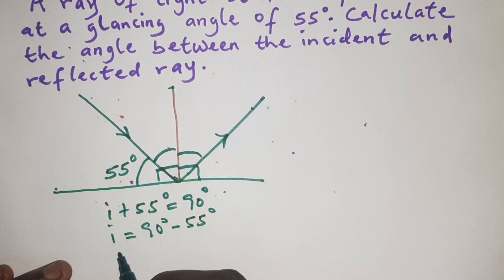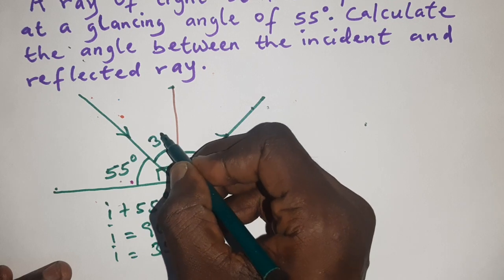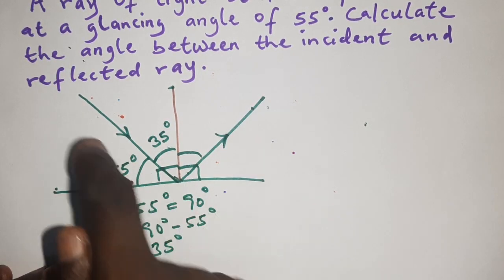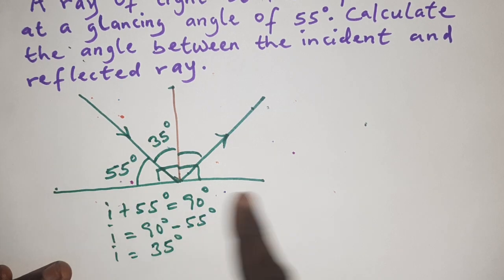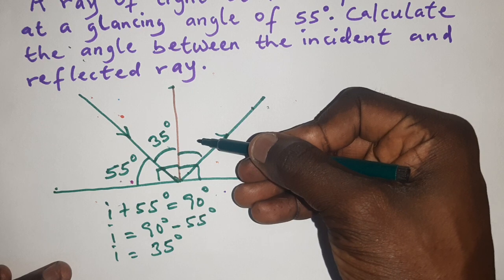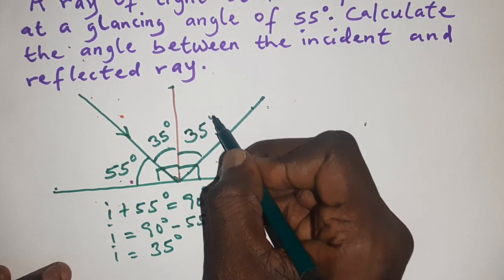I now have my I to be equal to 90 degrees minus 55, which gives me 35 degrees. So my angle of incidence here is 35 degrees. And definitely in this case where you have the ray of light hitting a plane surface or mirror, the angle of incidence must also be equal to the angle of reflection, which is this angle here. So I'm going to write 35 degrees and I'll sum them up.